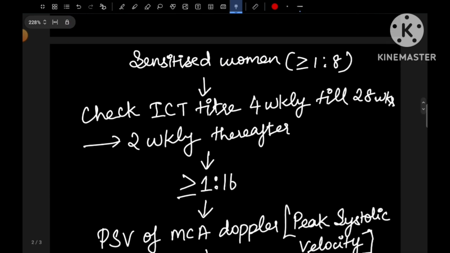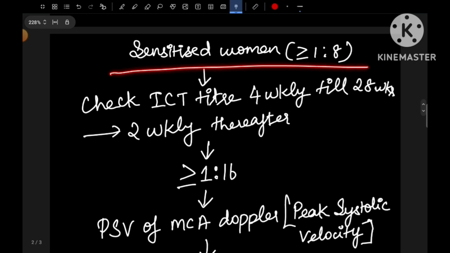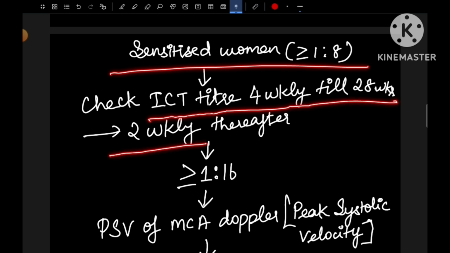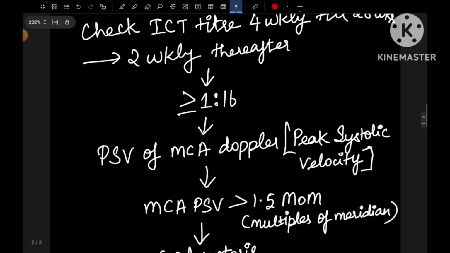Next, sensitized women. That means she has a titer value of more than or equal to 1:8 in her indirect Coombs test. So check the ICT titer 4 weekly, that is monthly, till 28 weeks. After that, 2 weekly, or fortnightly.